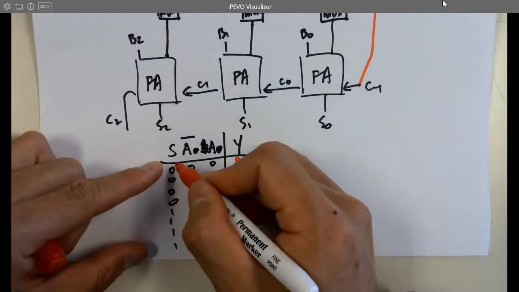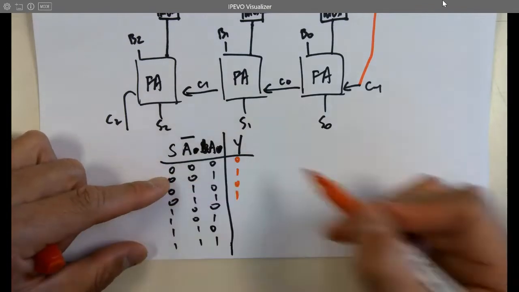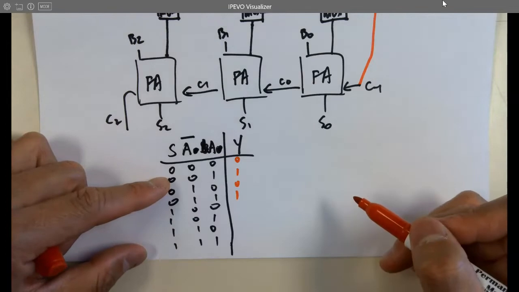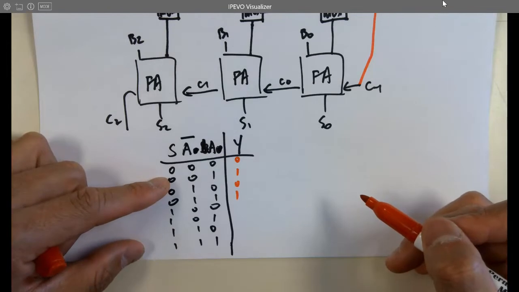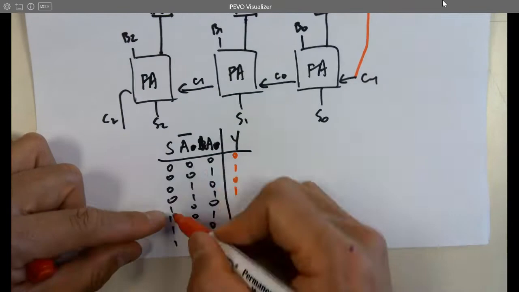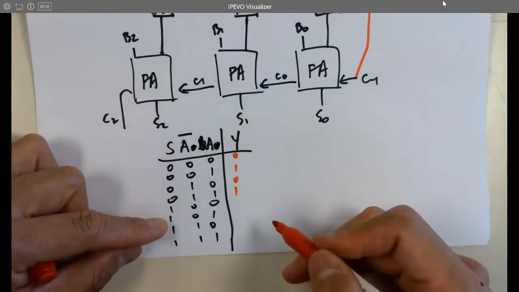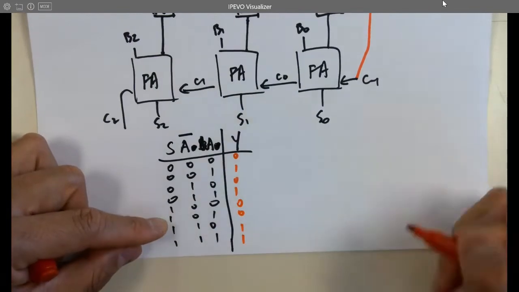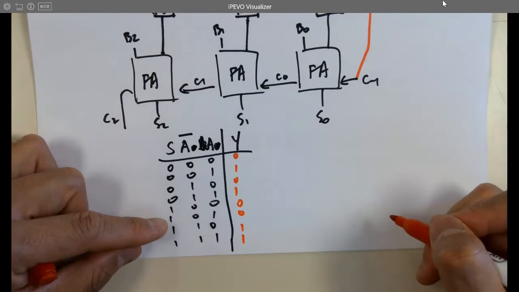So if S is 0, do we want an A or A naught? If S is 1, do we want an A or A naught?